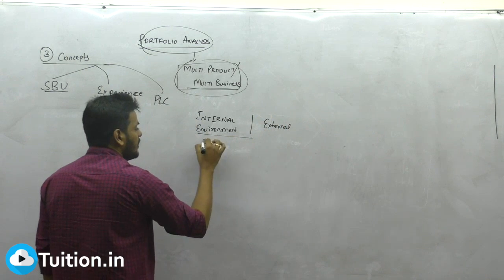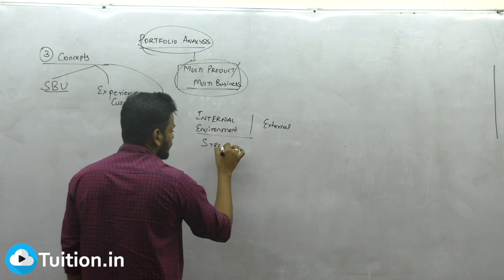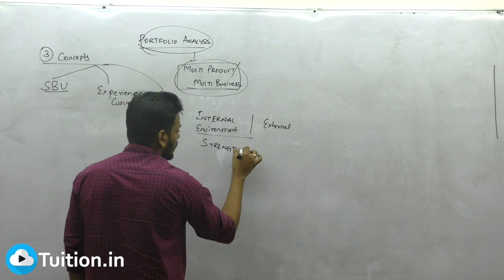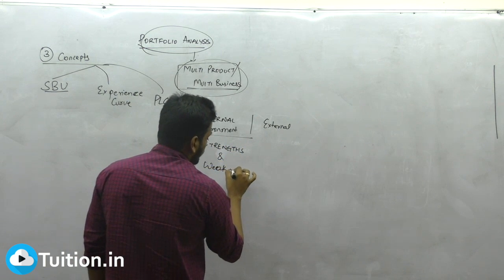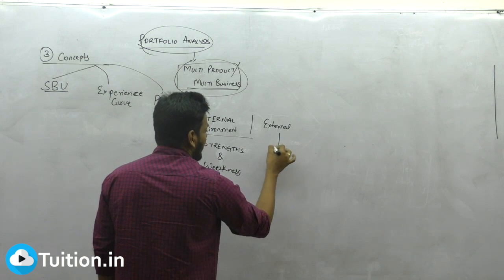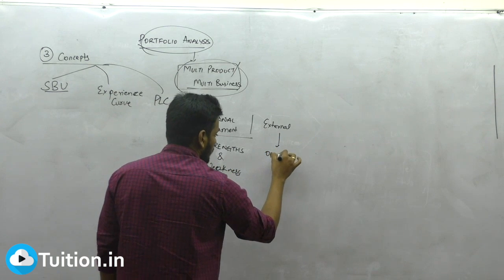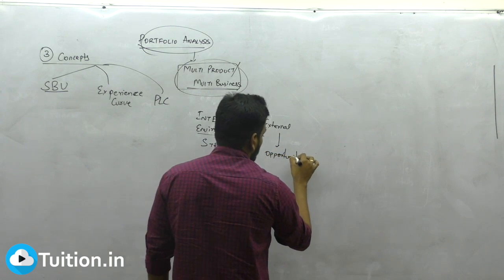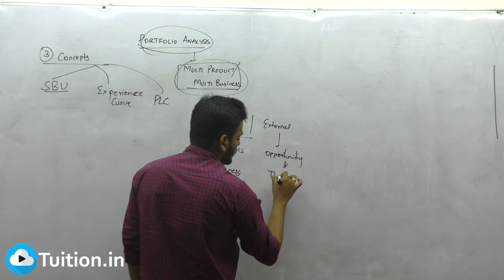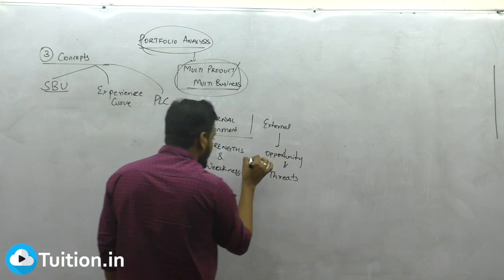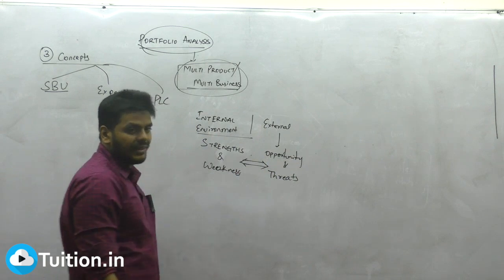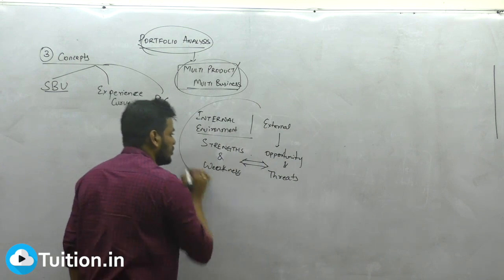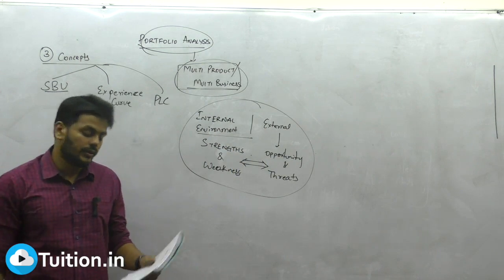In the internal environment, we have our own strengths and weaknesses, while in the external, we have opportunities and threats. How to strike a balance between these, right? How you establish this balance is what this entire concept is all about. Let's see how we are going to do that.